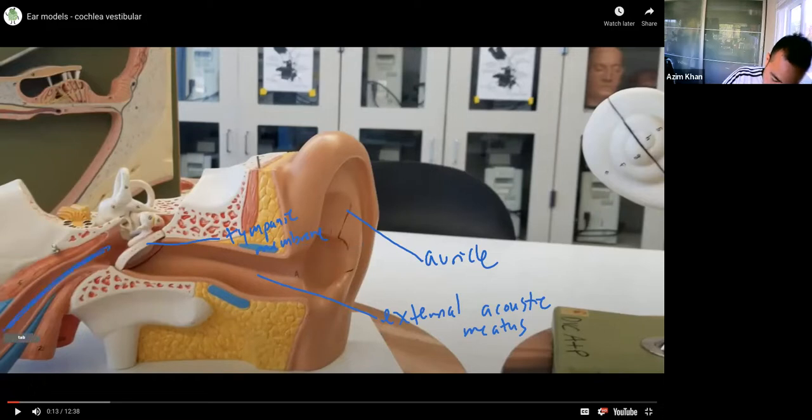See the passageway here? That's our auditory tube. It's a little hard to see each individual one, so I'm just going to group them together. These are the auditory ossicles.